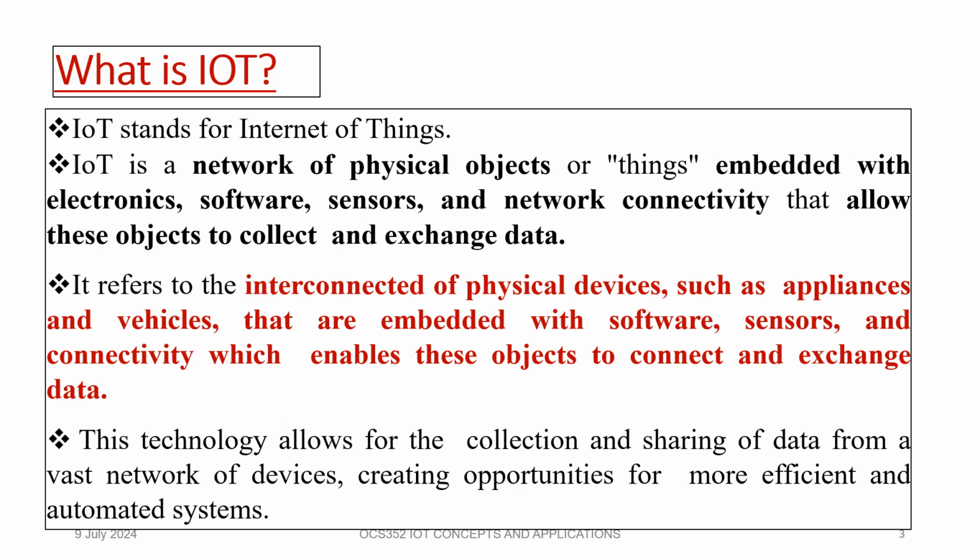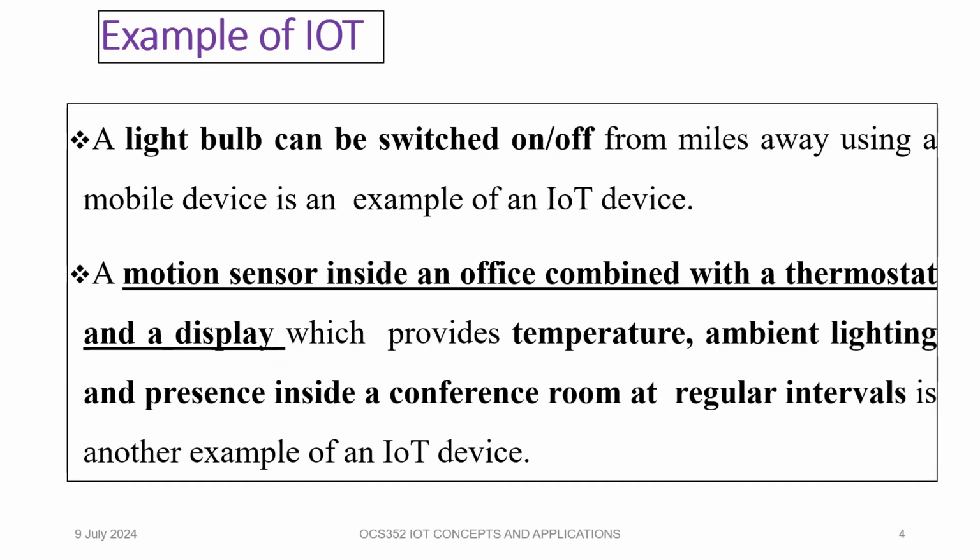This technology allows for the collection and sharing of data from a vast network of devices, creating opportunities for more efficient and automated systems. A very simple example of IoT is a light bulb that can be switched on and off from miles away using a mobile device.